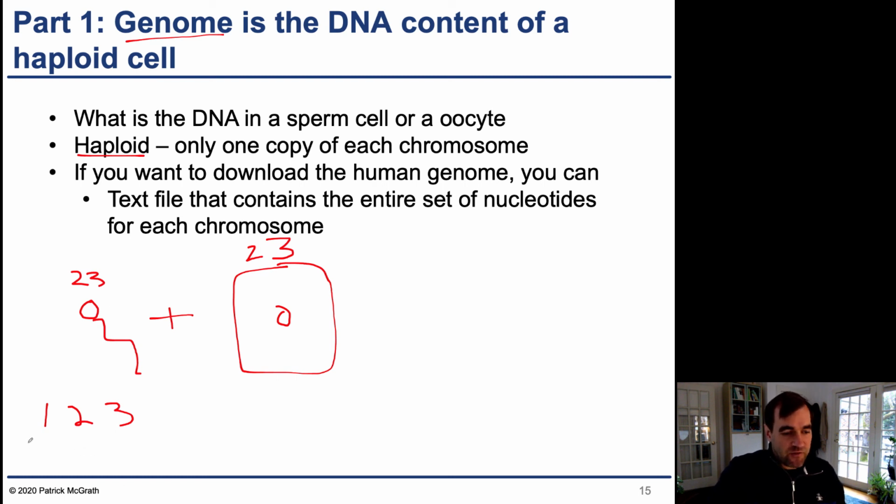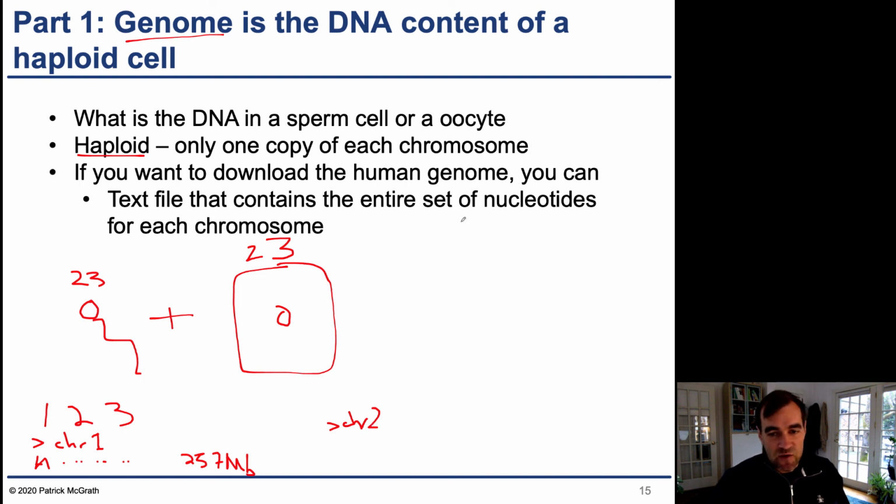And so if we had a file that listed the genome, if you downloaded the human genome, there would be chromosome 1, and then there would be 257 million bases listed for the content of chromosome 1. And then you'd have chromosome 2, and then you would list every single base pair of chromosome 2.